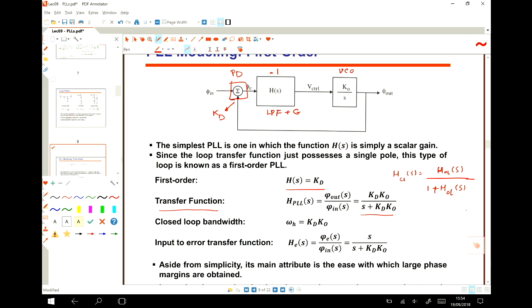What's the open loop transfer function of this? The open loop transfer function H_OL(s) equals KD KS KO divided by S. So this is the open loop transfer function and this is the closed loop transfer function. You can see that the bandwidth of this system is actually KD KO.